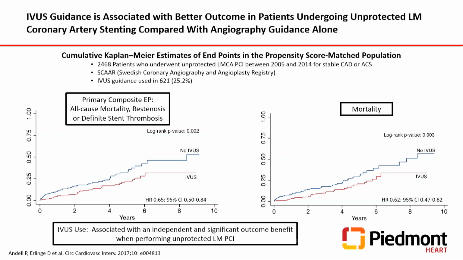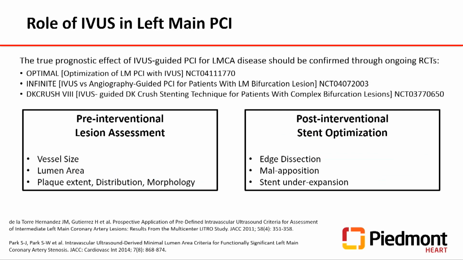A word about imaging. We know from several observational studies that IVUS use is associated with an independent and significant outcome benefit when performing left main PCI, both regarding mortality and stent thrombosis, restenosis, etc. But really, the true prognostic effect of IVUS guidance for left main PCI is probably going to be confirmed by several ongoing randomized clinical trials that should really put this subject to rest.